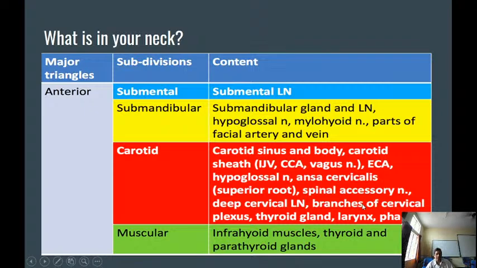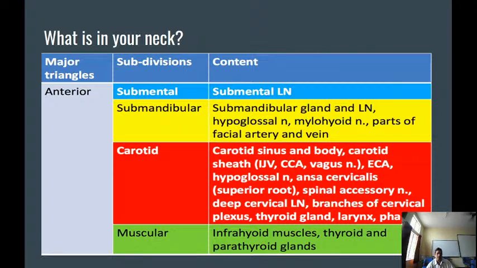So these are the various structures that are present in the carotid triangle. Then if you go into the muscular triangle, you have the infrahyoid muscles, then you have the thyroid and the parathyroid. So these are the structures that are present in the anterior triangle.